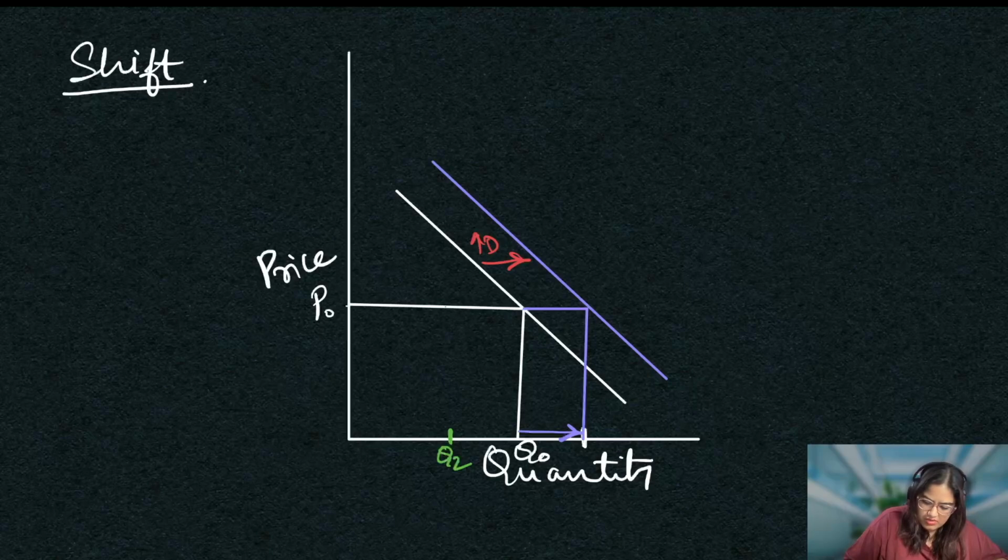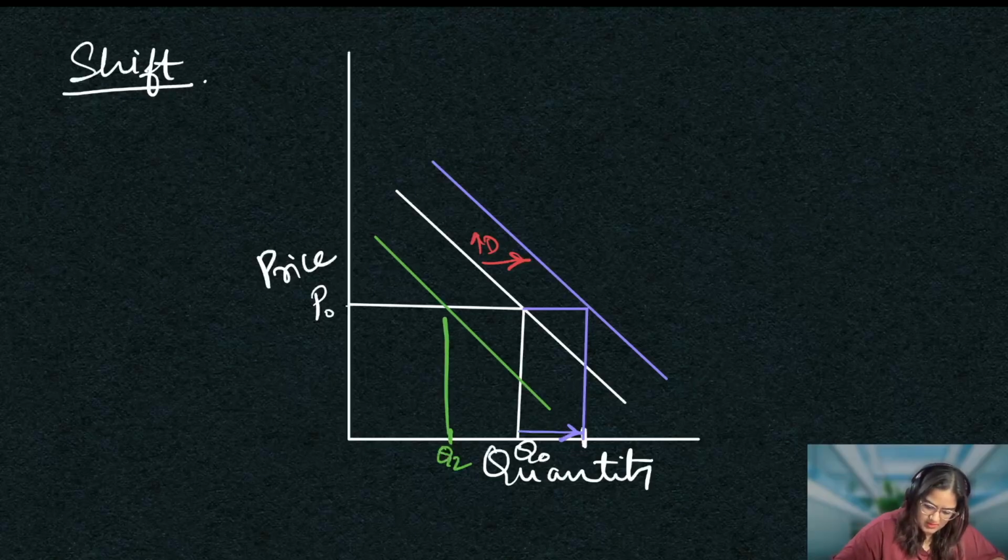So your demand curve will shift towards the left. In this scenario, there is a left direction shift for your demand curve, and that is, your demand is decreased.